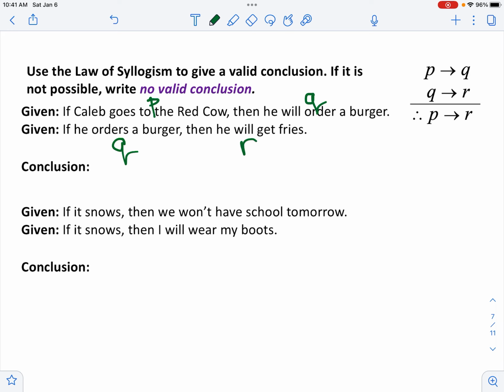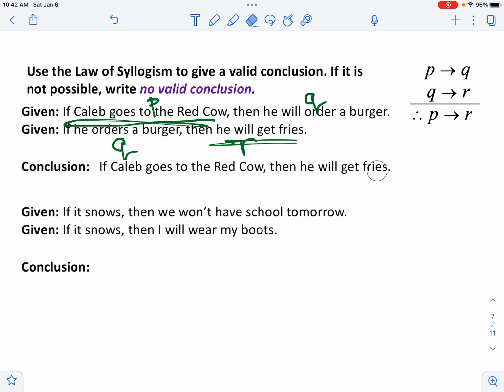R. Okay, so those all seem to work. So then I should be able to say that the P part goes to this part. So if Caleb goes to the Red Cow, then he will get fries. That should be my conclusion. If Caleb goes to the Red Cow, P, then he will get fries, R.